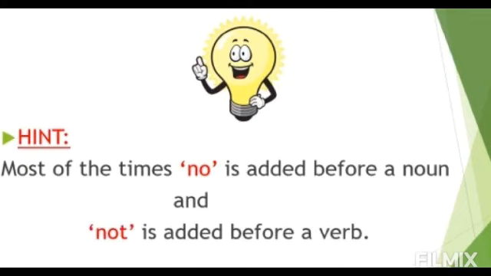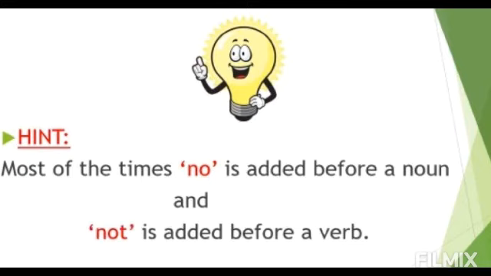What we have seen about negative sentences and how to make them negative. Okay. If we are making a simple sentence into negative, what can we do? We can just add not after the verb. If it is an imperative sentence, we have to add don't there.